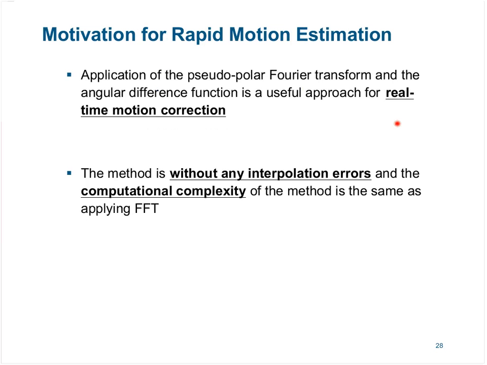The method is without any interpolation errors, and the computational complexity is the same as applying a single FFT if we talk about the pseudo-polar Fourier transform calculation. So that's the motivation that we want to move towards an algorithm which can be used for real-time motion correction.